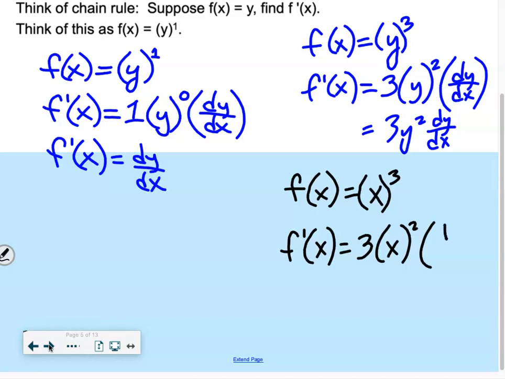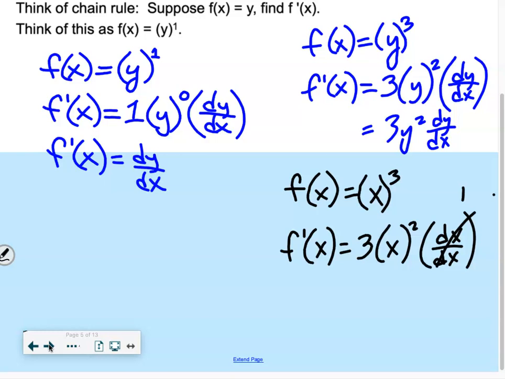It's dx/dx, right? This is what you're differentiating. This is what you're differentiating with respect to. But what is dx/dx? That's just 1. So when your variable matches the variable you're differentiating with respect to, you don't have to write the differential because it will always be 1, because it's always going to be that over itself.